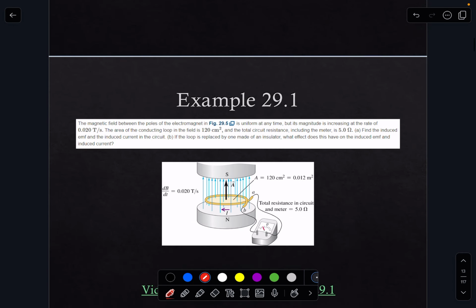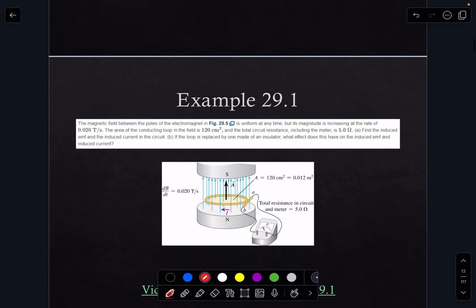So what voltage is produced in the following example? So in example 29.1, we have a single loop of wire, and we've placed it in a magnetic field. Okay, the magnetic field is pointing up. And we see that the magnetic field is changing in magnitude, okay, at a rate of 0.02 Tesla per second.